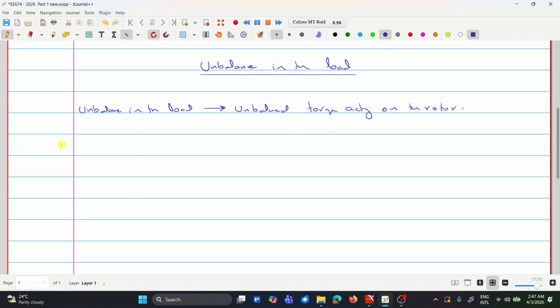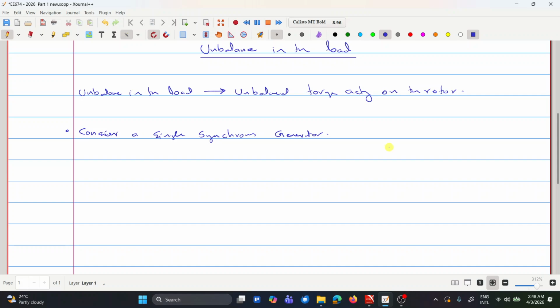So let's consider a single synchronous generator connected to the load.